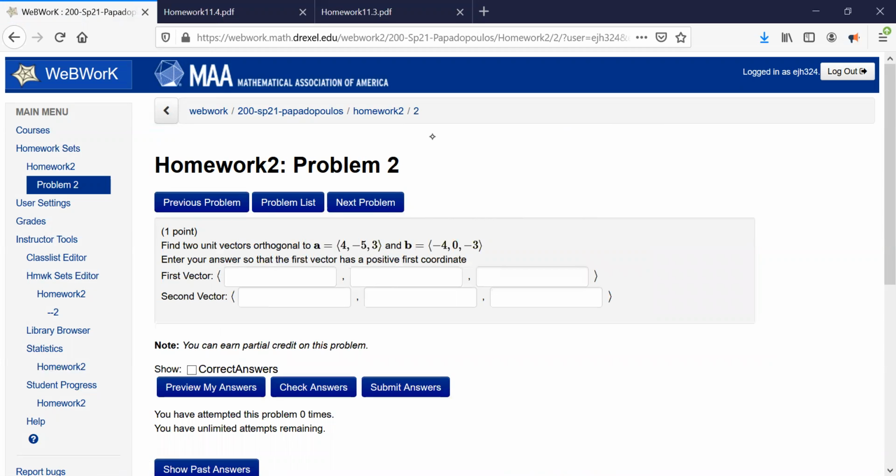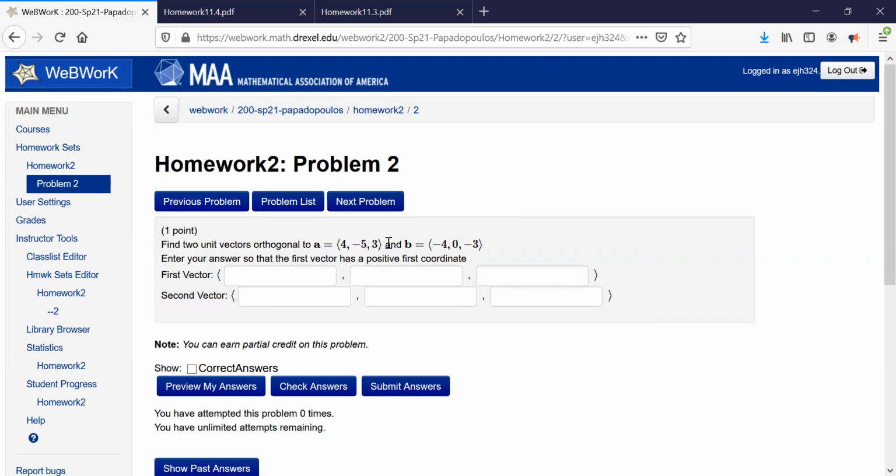So question 2 here. I want to find the 2 unit vectors that are orthogonal to A and B. So how do I find a unit vector that is orthogonal to both A and B? You guys have basically only learned 2 tricks recently, right?